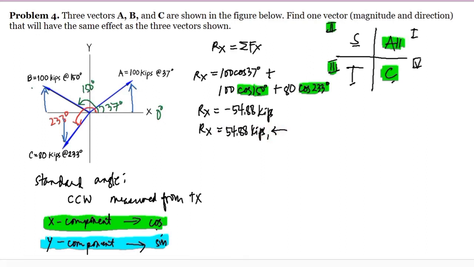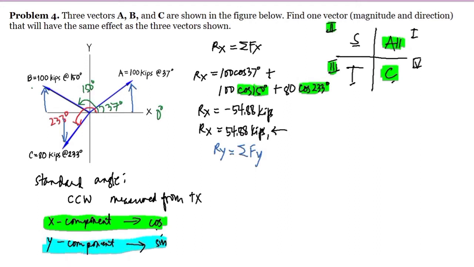Now for the y component of the resultant, Ry, this is equal to the summation of the forces along the vertical. And from here, as I have said earlier, since we will be using the standard angle, y component will be using the sine function.